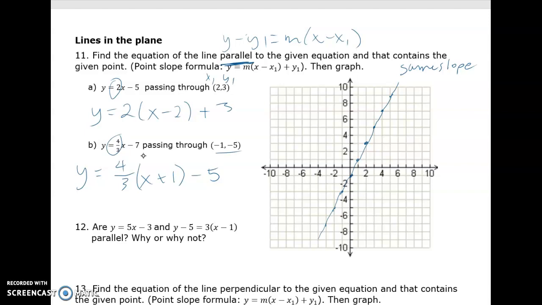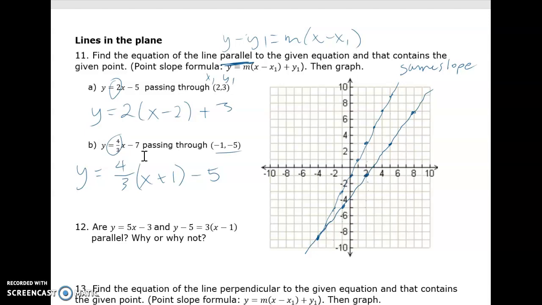Well, if I start at negative 1, negative 5, and I have a slope of 4 over 3, I've got to go up 4 and right 3. I can also go down 4 and 3 to the left. So we actually share a point here. That's our line. So those lines actually cross.